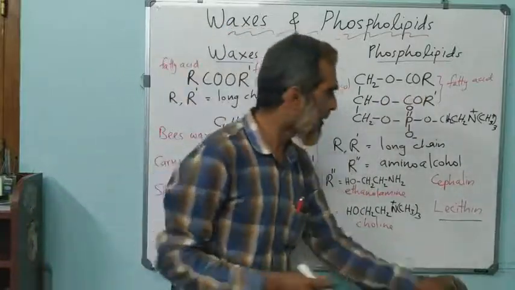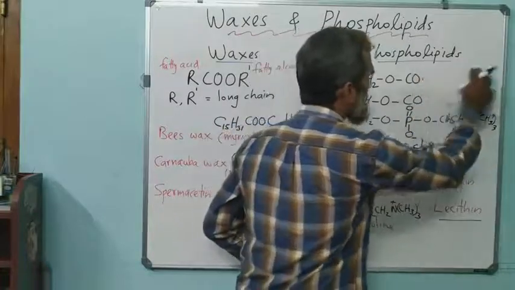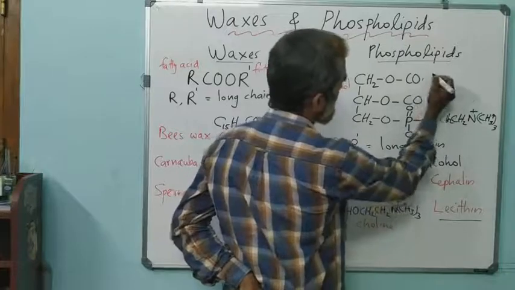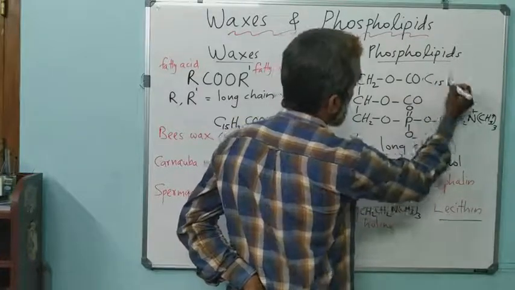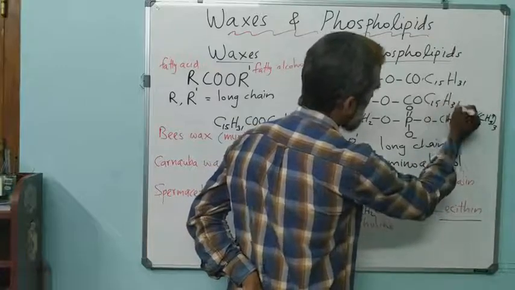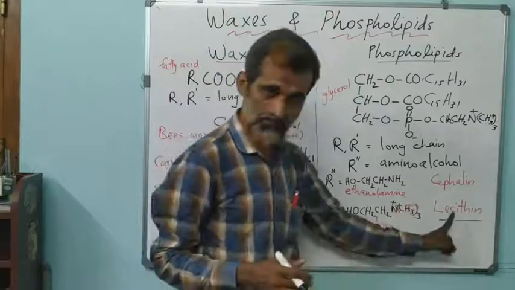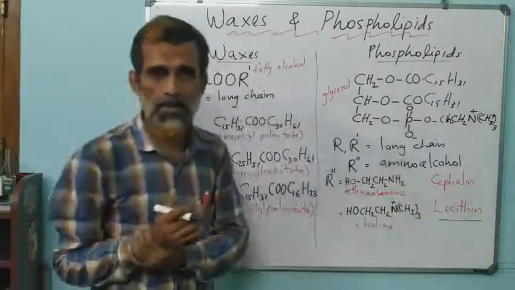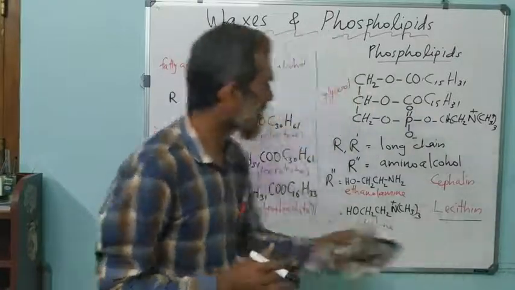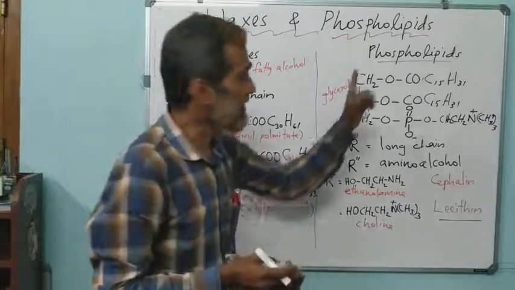It can be palmitic acid, stearic acid, etc. For example, if we show palmitic acid, it will be C15H31. So this is a specific example for a kind of lecithin which contains palmitic acid as the fatty acid group. Okay, so that's the structure of phospholipids.